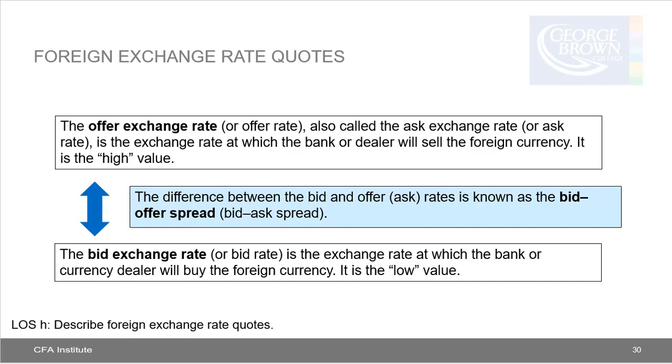And the offer exchange rate, or the offer rate, also called the ask exchange rate or ask rate, is the exchange rate at which the bank or dealer will sell the foreign currency. It's the high value. Just remember, buy low, sell high. What's a dealer or bank going to do with regards to currency? They're going to buy low and sell high. And the difference between the bid and offer rates is known as the bid-offer spread.